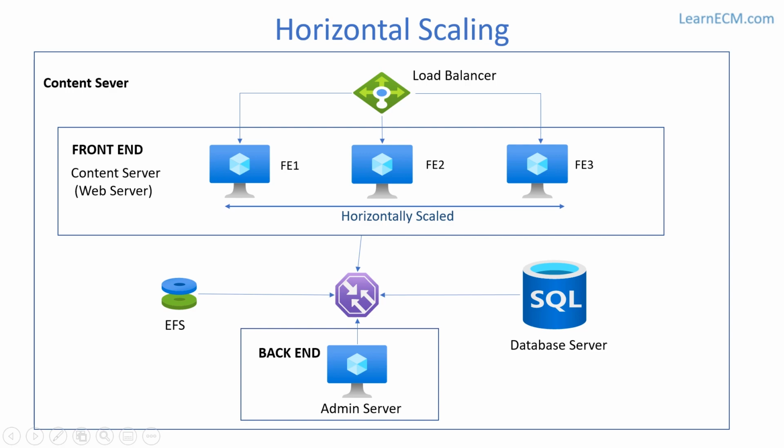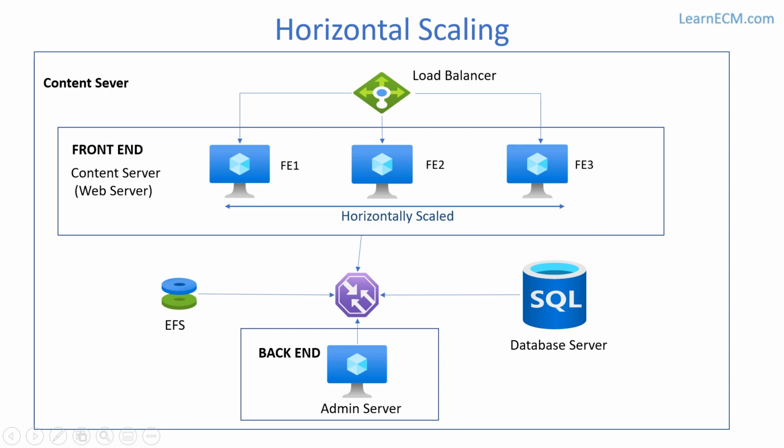Once we have different front-end virtual machines, each virtual machine will have its own resources, CPU and memory. And this also provides high availability, because if one of the front-end machines goes down, the user will still be able to access the application, because there are other front-end servers available to accept the request.